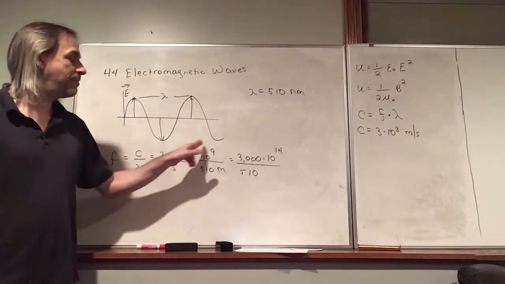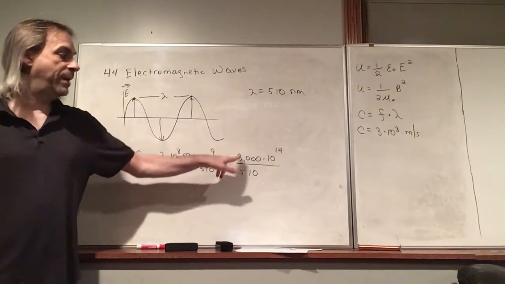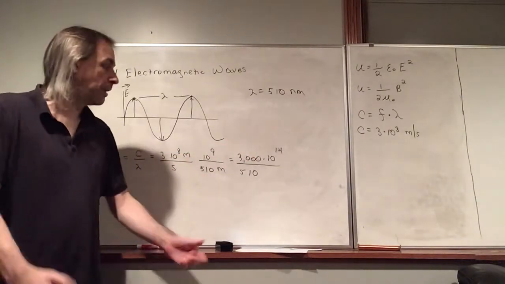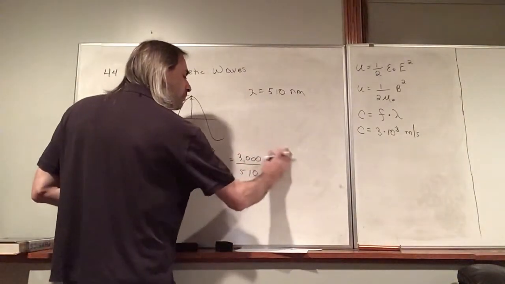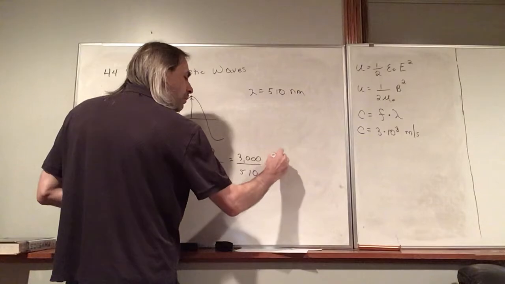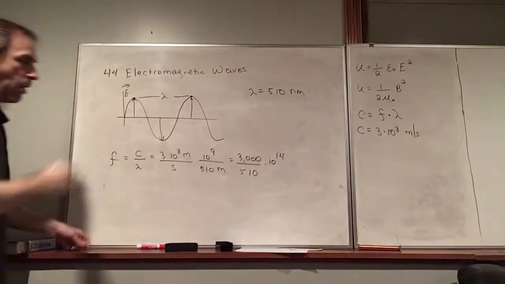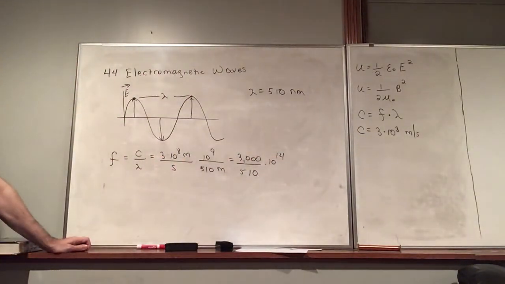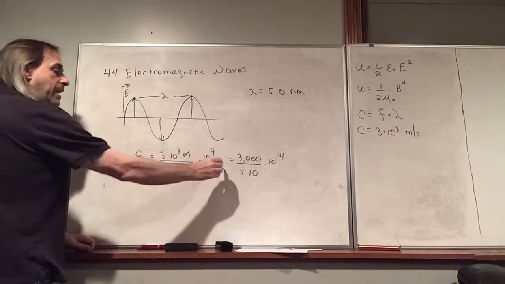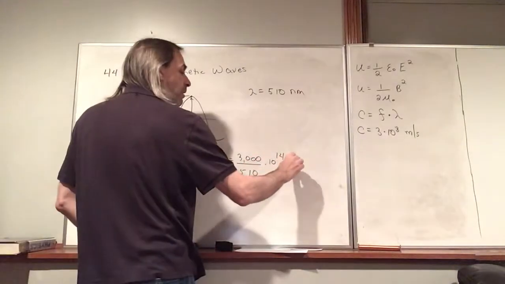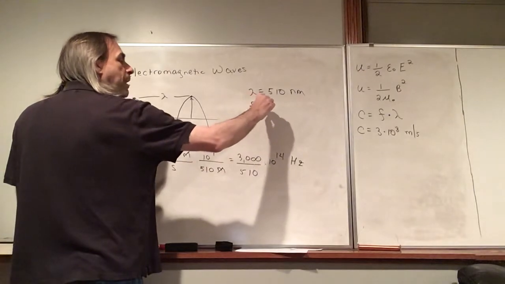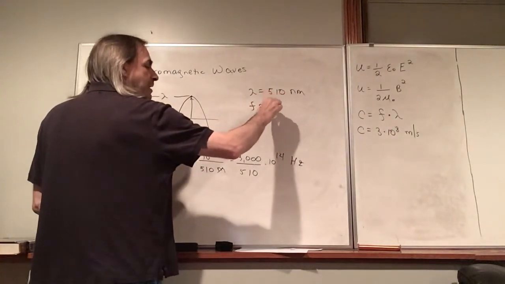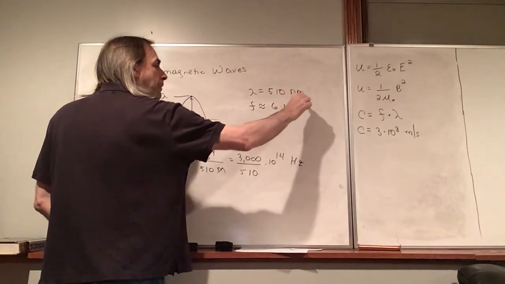It's actually 3 times 10 to the 17, but 3,000 times 10 to the 14th is 3 times 10 to the 17th. And this number is around 6, maybe 5.9. Meters cancel out. We have units of inverse second, that would be hertz. So the frequency would be around 6 times 10 to the 14th hertz.